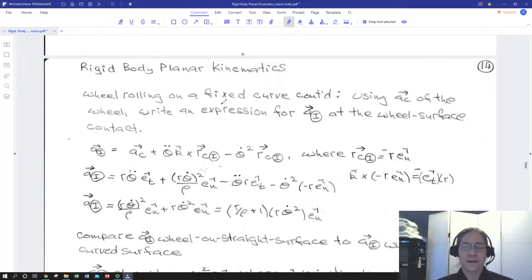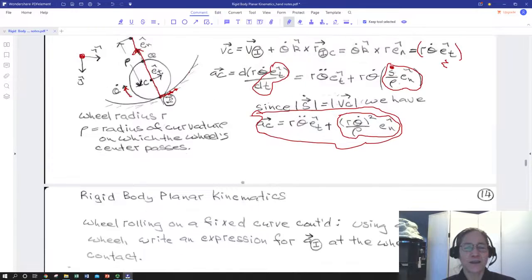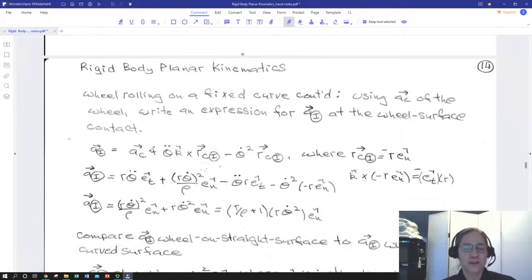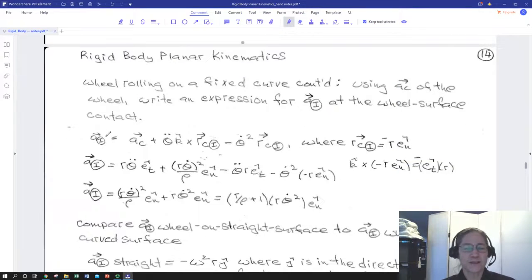Okay, so let's look at the acceleration of some other points. Now that we have the acceleration of the center point, let's use our handy dandy acceleration of two points on a rigid body that is moving relative to a fixed reference frame. Let's go for the point of instantaneous zero velocity down here at the bottom. Let's write an expression for its acceleration and see what it is.